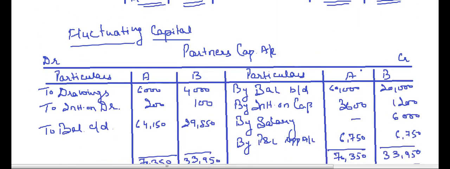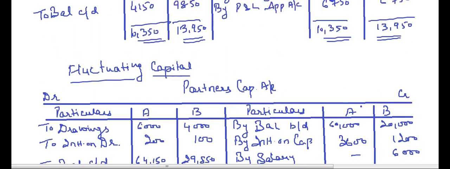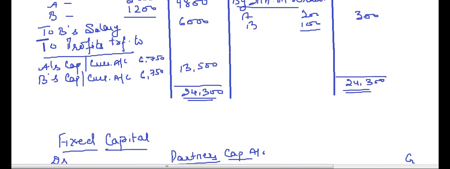Then under the fluctuating capital, the opening capitals can change. So all the transactions will be done through only one account, that is the partners capital accounts. And remember, in the absence of any information, you have to follow the fluctuating capital method. Clear? The question is clear?